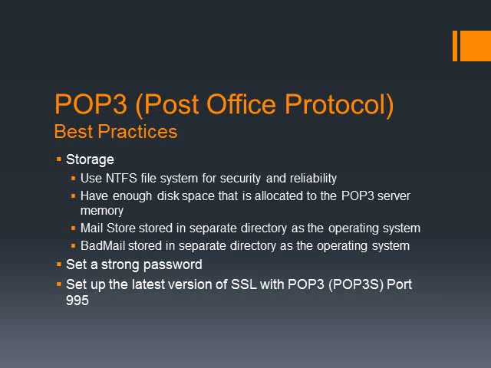Next, you want to set a strong password to protect your system, and the last one is you want to set up the latest version of SSL with POP3. It's called POP3S, and it's very important that you have the latest version and that you don't have the bugs and exploited bugs.